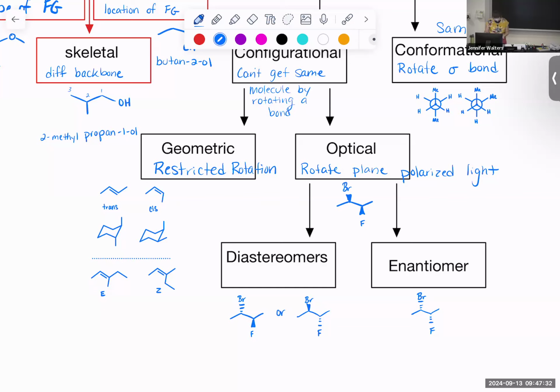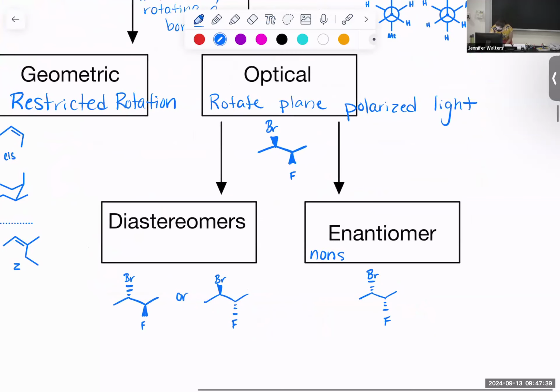So your enantiomer is defined as a non-superimposable mirror image. So that's like your left and your right hand, where when they are mirror images, so they're facing each other, if I set it to actually be so they're facing the same way and slide them on top, or sorry, don't face them the same way.